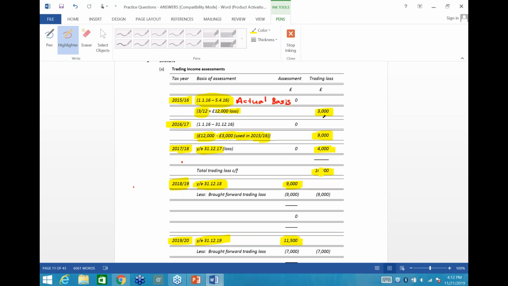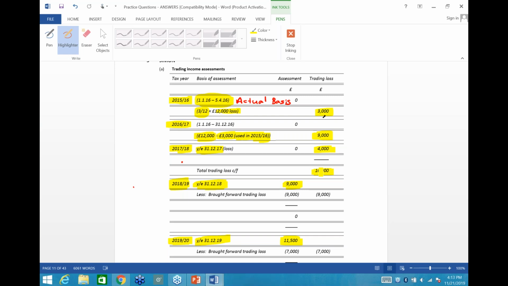When you carry forward for an unincorporated business, for an individual, trading losses cannot be set off against any other income. It can only be set off against another trading profit of the same business.